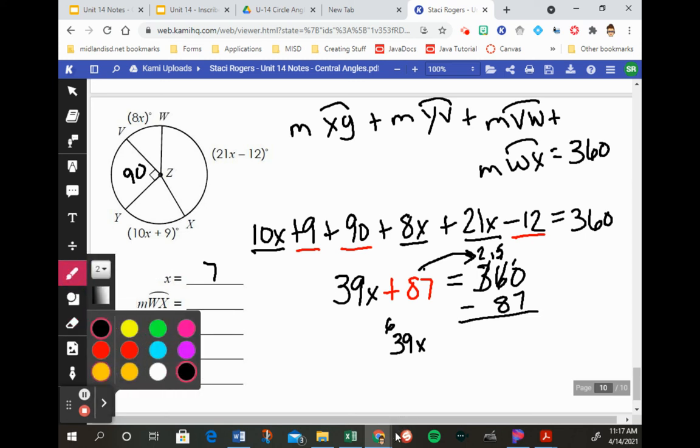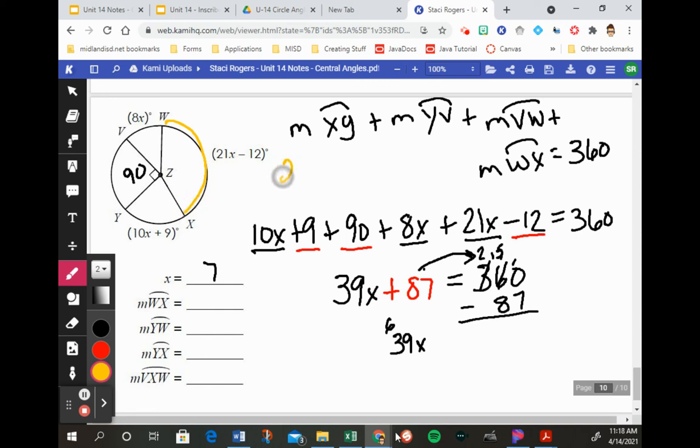All right. WX is this one right here. And we're going to plug in 21 times 7 minus 12. So 21 times 7 is 147 minus 12. It would be 135.